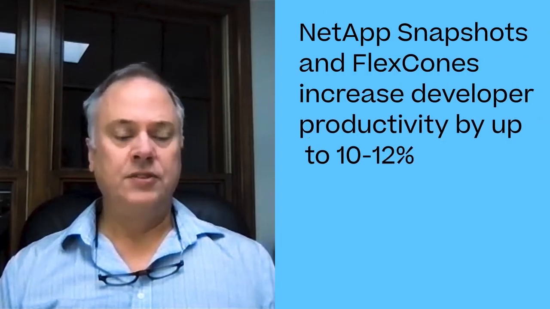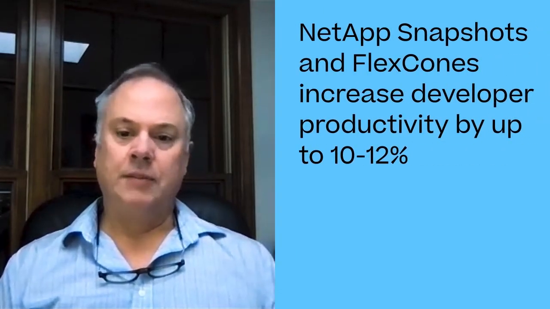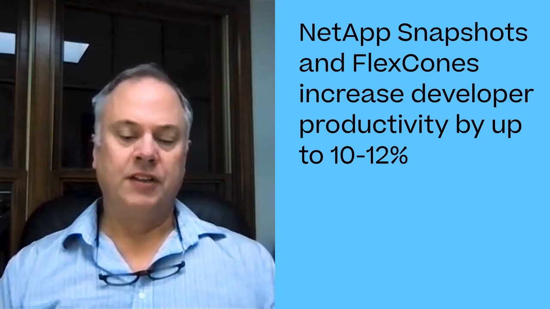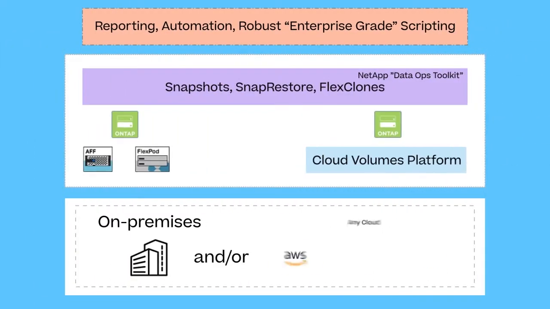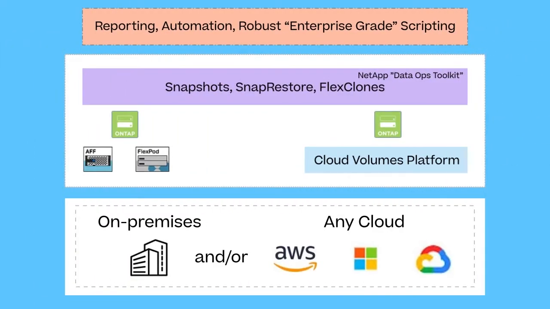That's one thing that NetApp does, is we've got some technologies available called snapshots and flex clones that enable developers to become 10, 12% more productive. It converts the wasted time of waiting for a verification environment, with their testing environment, to be checked out and built. So instead of spending an hour and a half waiting on that, we can use NetApp technologies like flex clones and get them up running in 2 to 5 minutes.